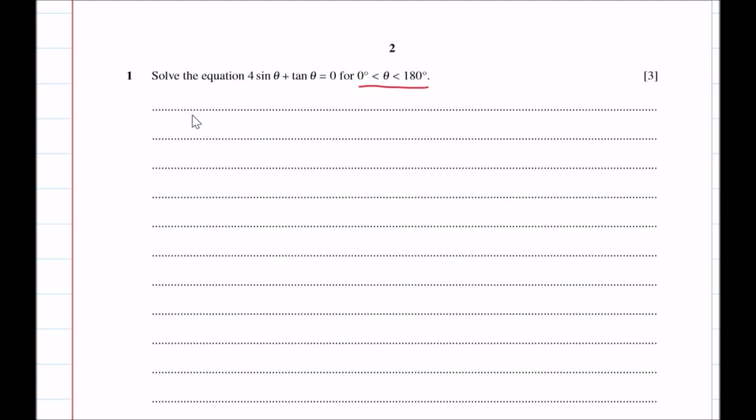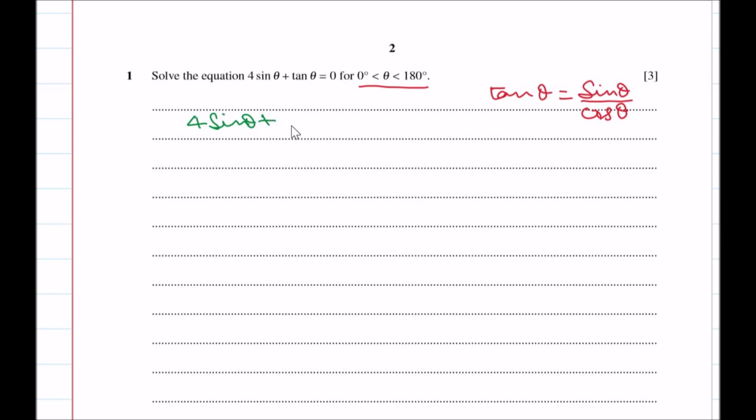So let's solve. We can write here 4 sin theta plus, for tan theta we need to convert into sin theta by cos theta. We know that tan theta is equal to sin theta by cos theta. This is the identity which will be given in your formula booklet also, and you must remember this.